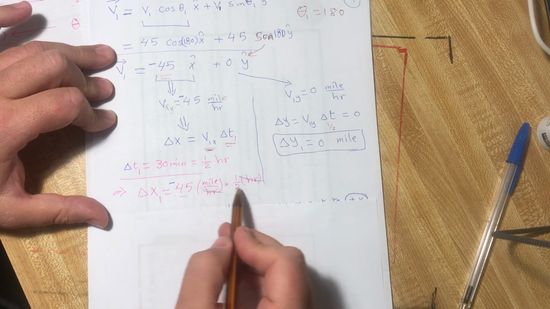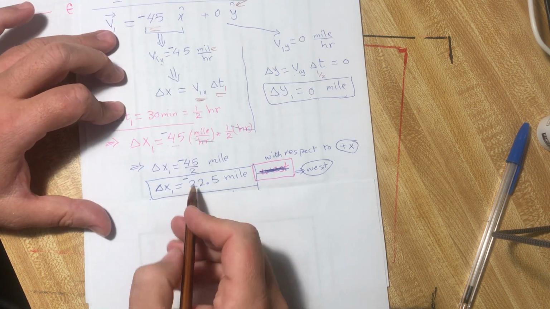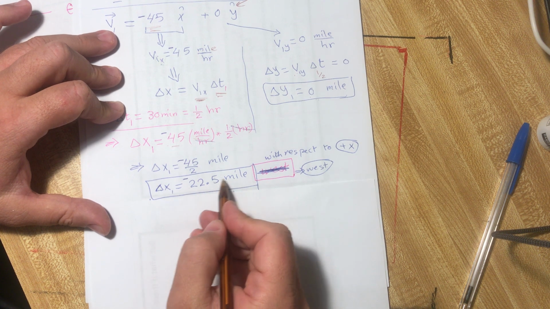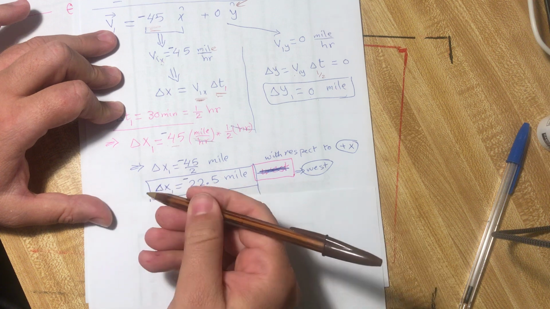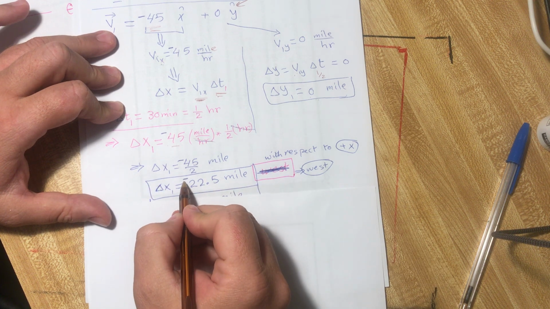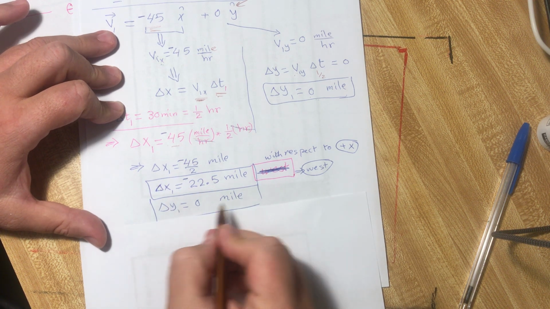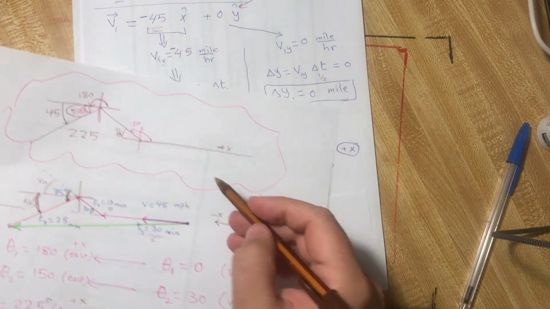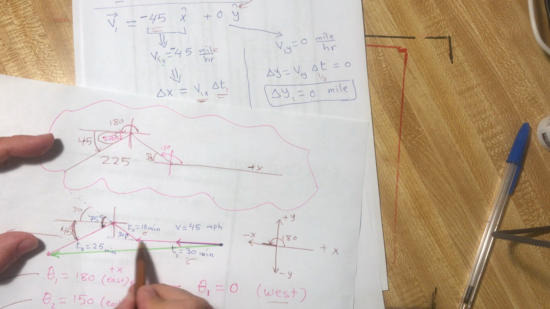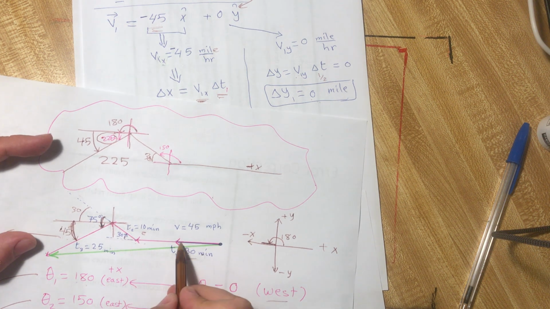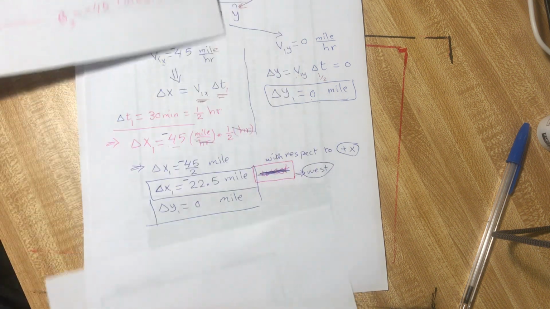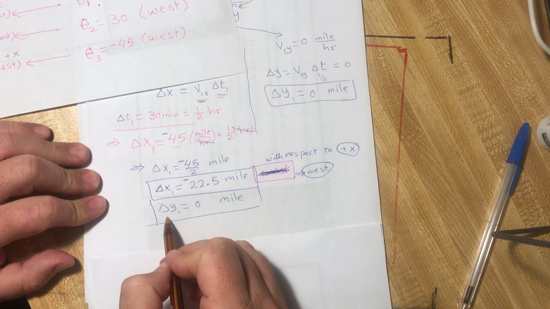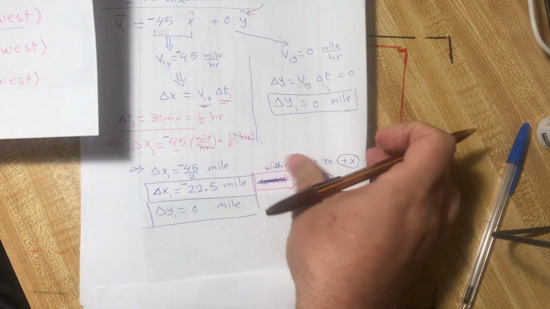Minus 45 over 2 will be equal to negative 22.5 miles to the west, because I have a negative sign, and 0 miles in the y axis. For the first stage, I don't have any movement in the y direction. So this is the x and y displacement for the first stage.